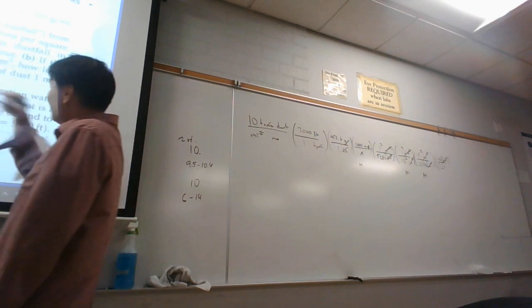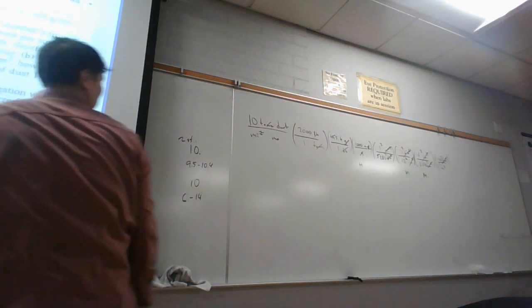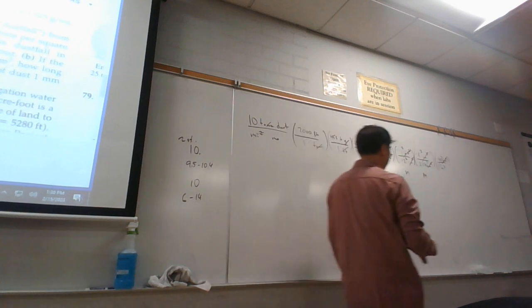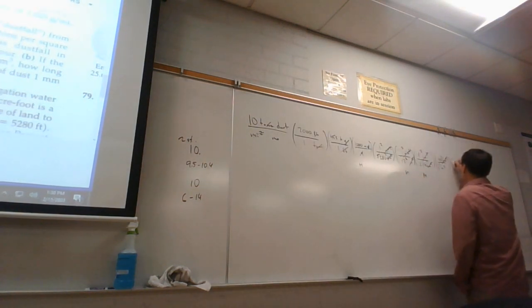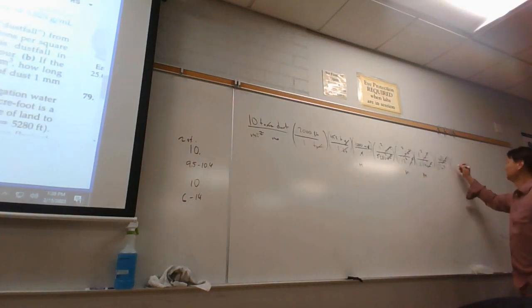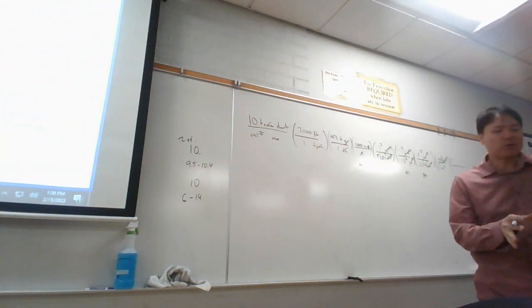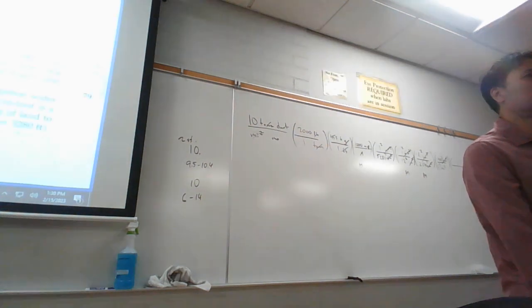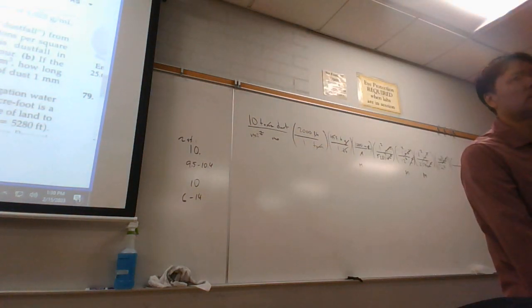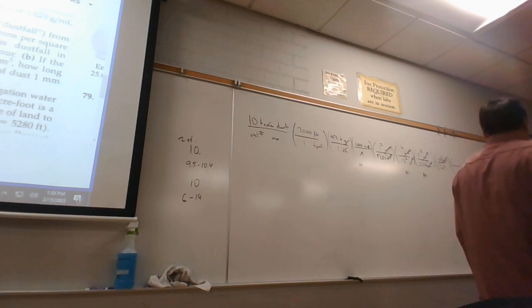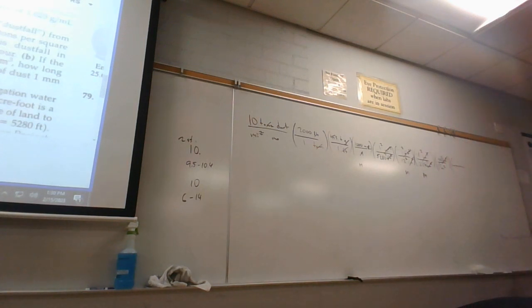Okay, they don't want it per month, they want it per hour. And so we have to convert from months in the denominator to hours in the denominator. You could Google it, you know, how many hours are in a month. Do you know that? Do you have it memorized? No. But it's not going to be given, so we're going to have to do it based on conversion factors that we should know.